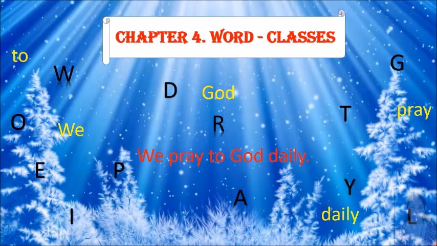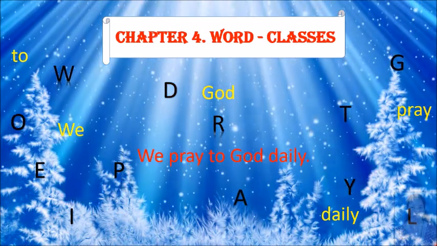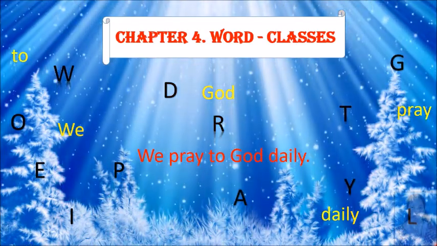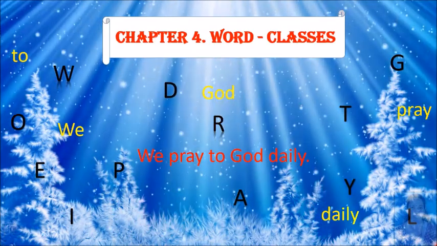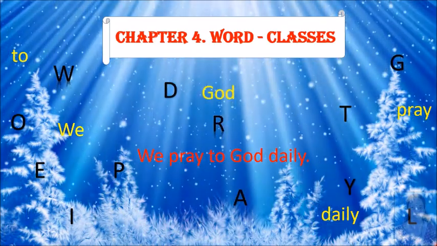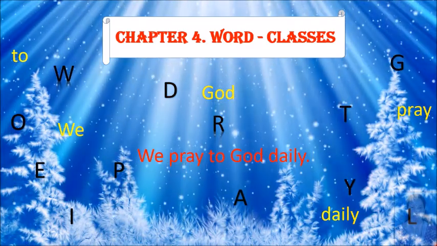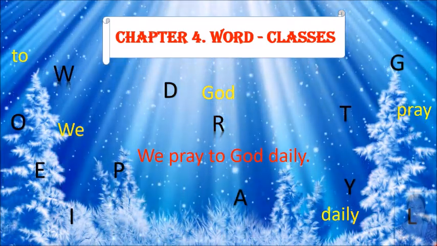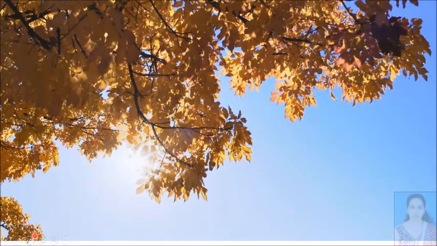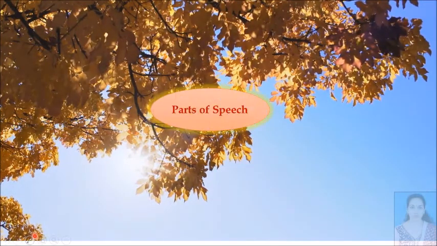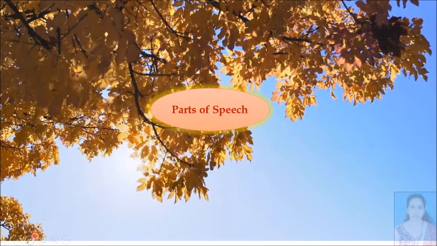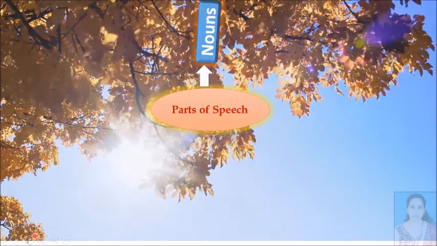Different words do different jobs in a sentence, and according to these jobs, words have been classified into 9 different categories. These categories are called parts of speech. The 9 classes of words are as under. First, nouns.